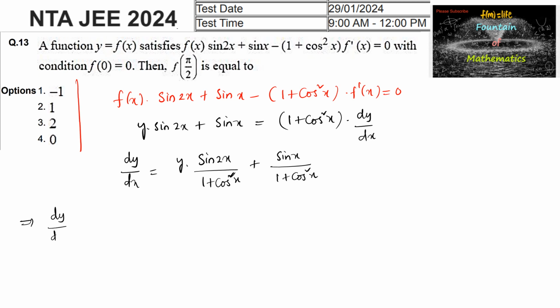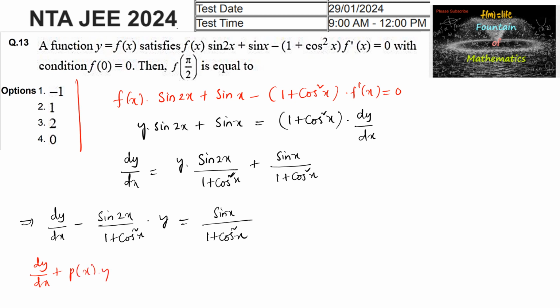So dy by dx minus sin 2x upon 1 plus cos square x into y is equal to sin x upon 1 plus cos square x. So which is in the form of dy by dx plus p of x into y is equal to q of x.